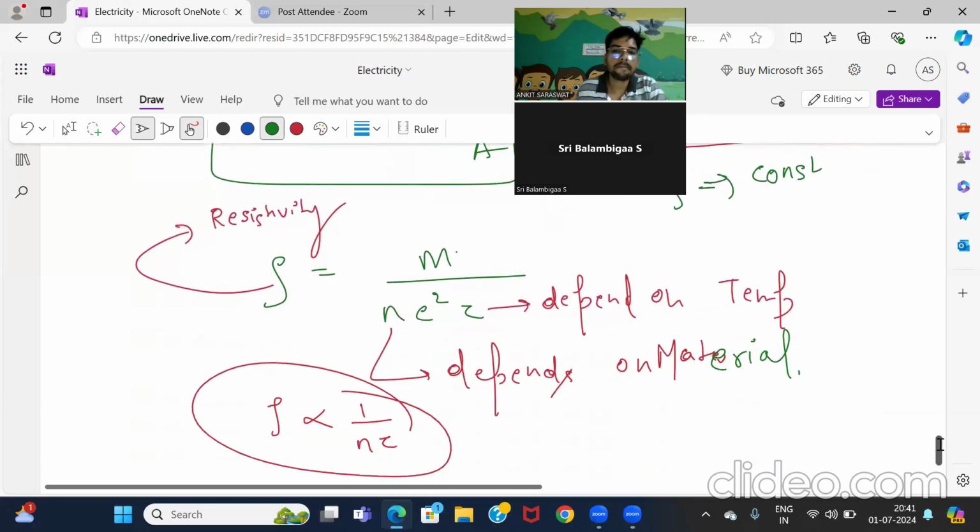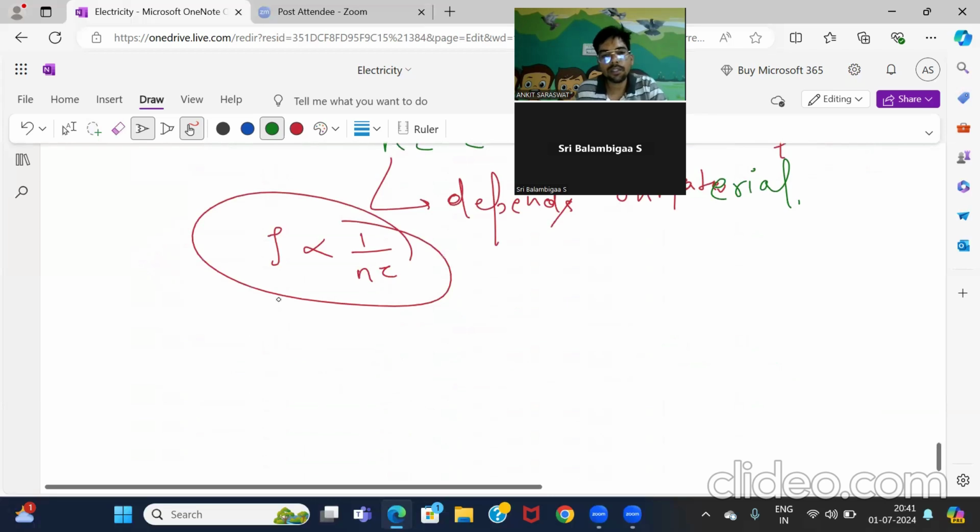Clear? Yes, sir. If tau increases, then resistivity decreases. So this rho is inversely proportional to n tau.